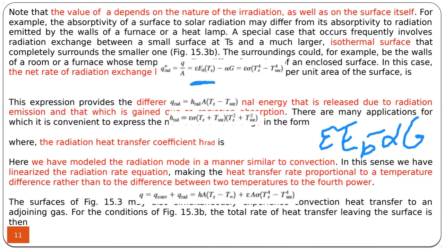For many surfaces, alpha is equal to epsilon, so you can write the net radiation energy to and from a surface to be epsilon times sigma times T surface to the fourth power minus T surrounding to the fourth power.